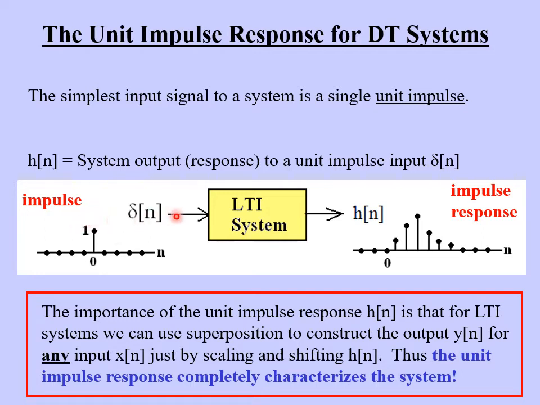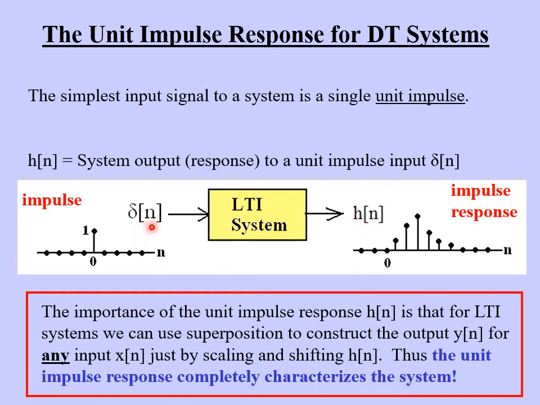If we feed this into a system, then the system is obviously going to respond to this impulse. The output of the system is called the impulse response. It makes sense. It's conventional to use the letter h for impulse response.